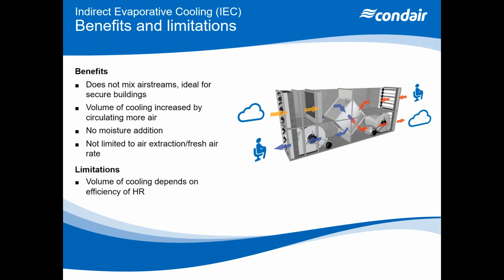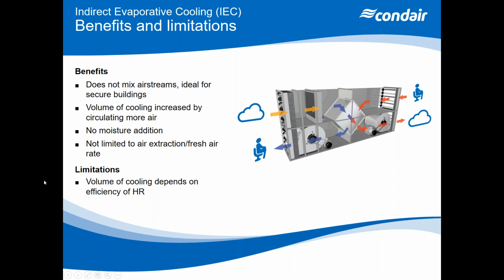You're only utilizing the sensible cooling that we've achieved by cooling the air that's on one side of the heat exchanger and then using the sensible cooling of that to cool the circulating air. So again, you're not limited to any air extraction or fresh air rate. Of course, though, the volume of cooling will depend on the efficiency of the heat exchanger or the heat recovery unit.